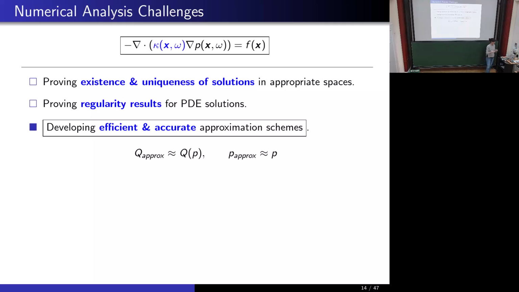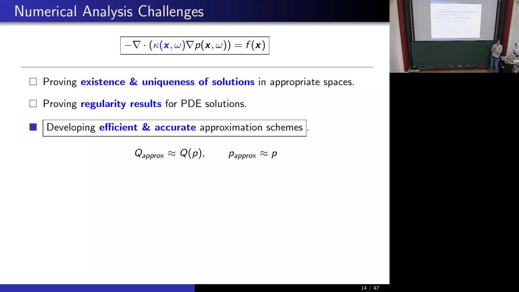All of the things that Rob was developing on the board this morning, we still need to worry about all of that. And we need to worry about it in the context of function spaces which make sense for our problem. Our function space is now going to be different because we're dealing with random, spatially varying random functions. So we have to go through all those thought processes again.